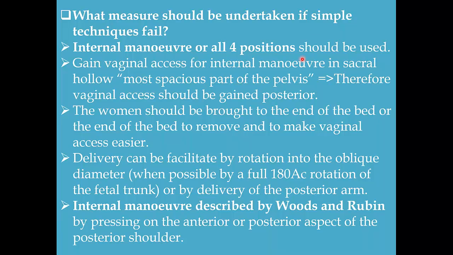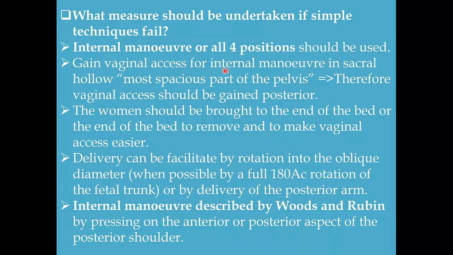What measures should be undertaken if the simple techniques fail? If the McRoberts maneuver and suprapubic pressure fail, what are the next steps? You should do the internal maneuver or the rotational maneuver. The internal maneuvers or all-fours position should be used.